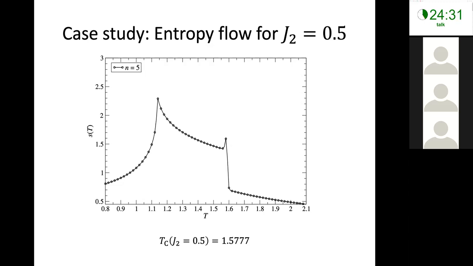And after 6 extensions, we obtain these 2 peaks, where the peak on the right side is located near the expected critical temperature, which was visible either from the order parameter or specific heat. And this other peak on the left we'll explain later.